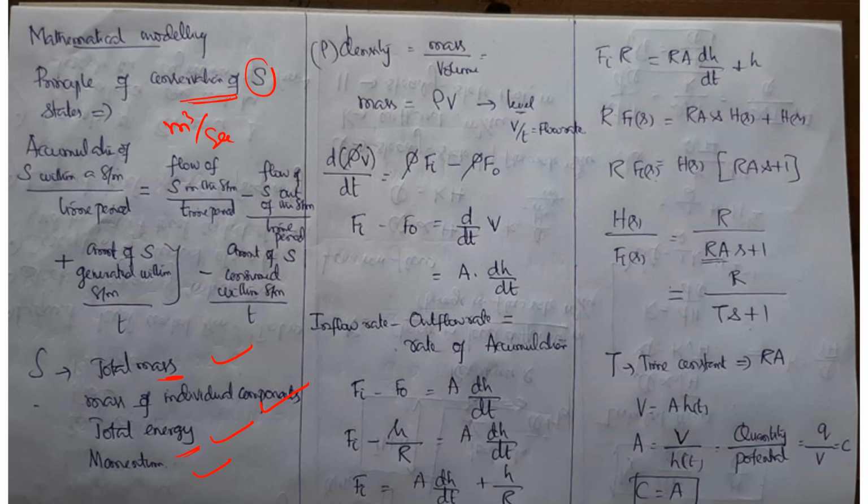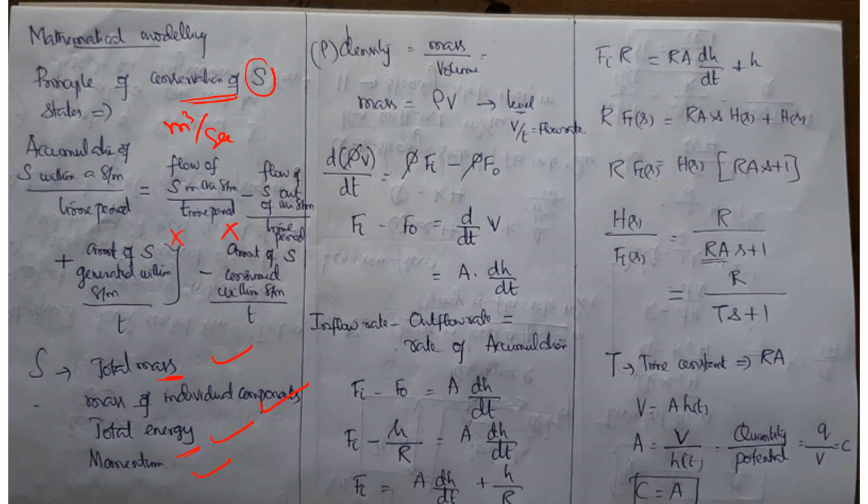Flow of mass into the system with respect to time minus flow of mass out of the system with respect to time, that is inflow minus outflow, plus how much mass is generated because of the reaction, and then how much mass is consumed by the system. Generally for a liquid system, this is not applicable.